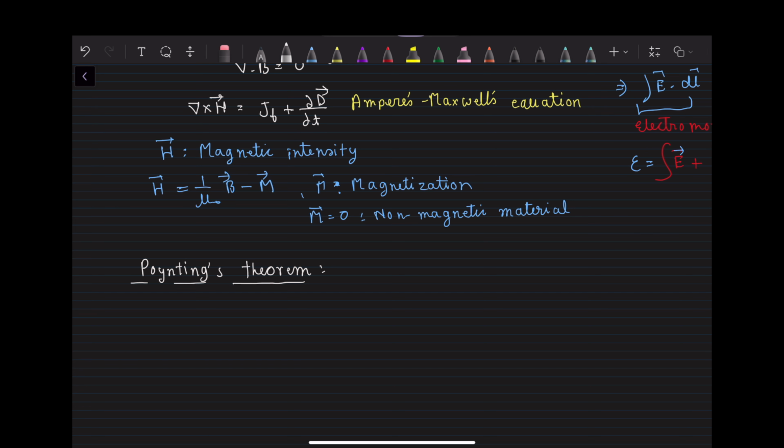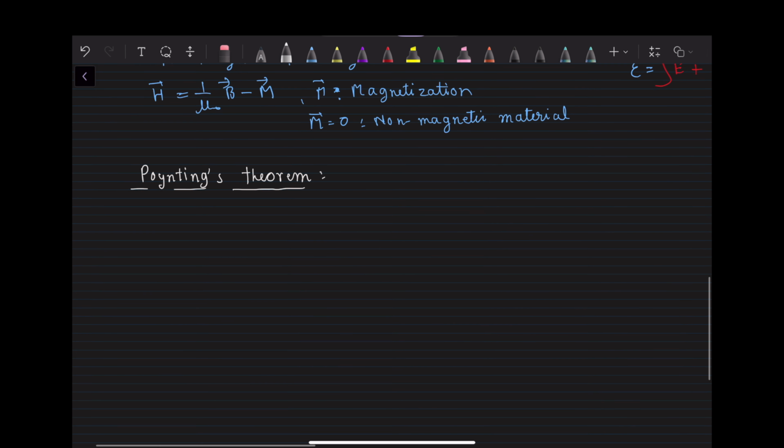So what we are trying to understand is work done. Let's go to the very basics of it. Work done is the integration of force, dot product with the line element, so basically we'll do a line integration.